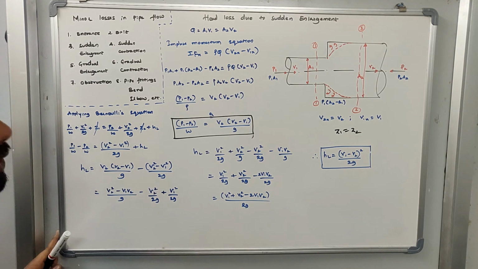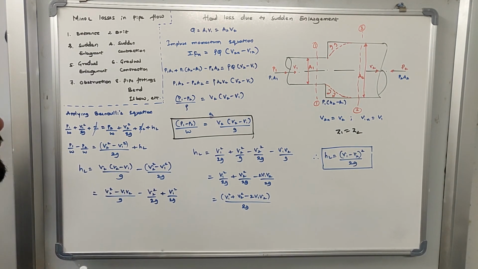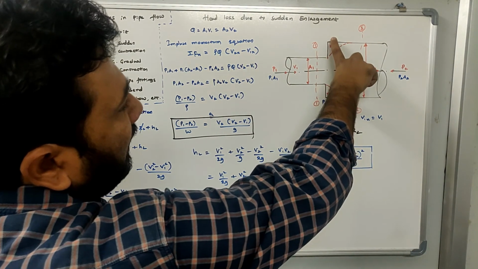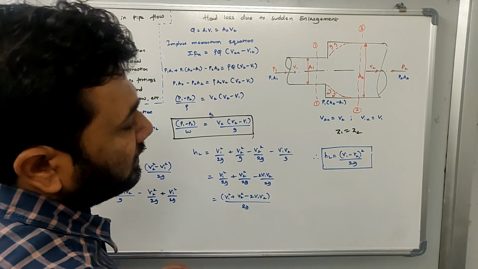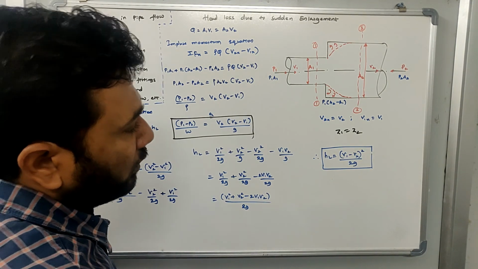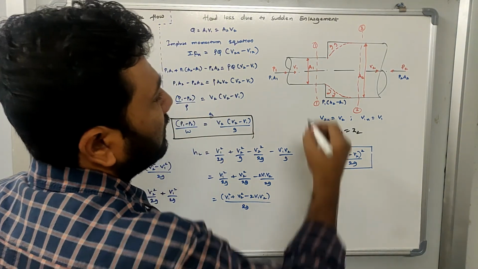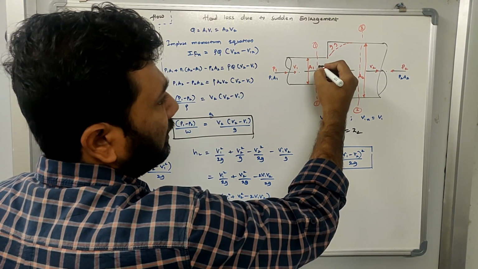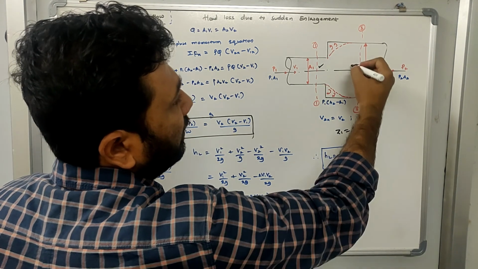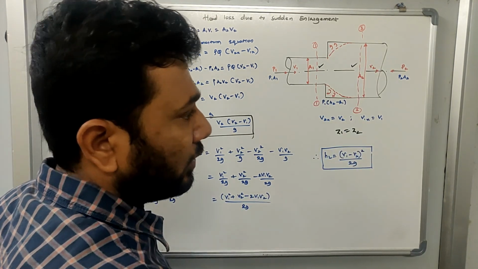So if you want to find out how much head loss takes place when there is a sudden enlargement, we can use this equation, V1 minus V2 whole square divided by 2G. V1 is the velocity at the first section and V2 is the velocity at the second section. Okay, thank you.